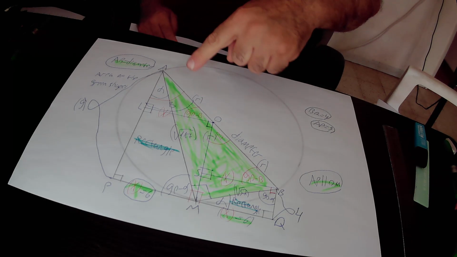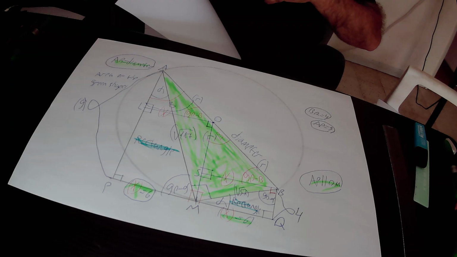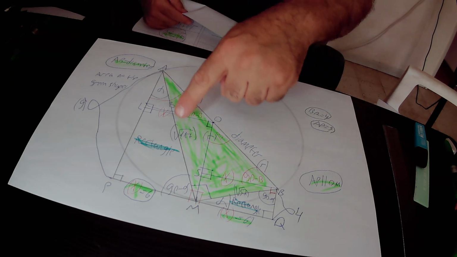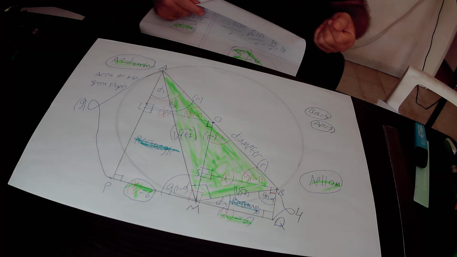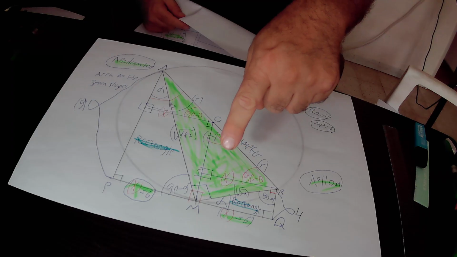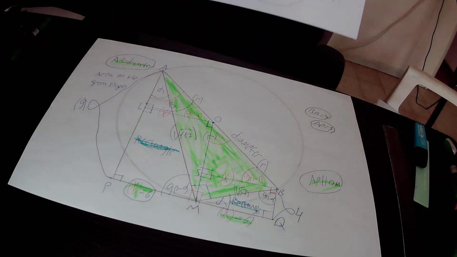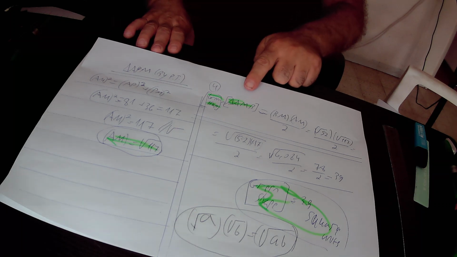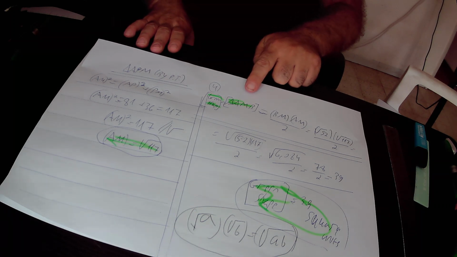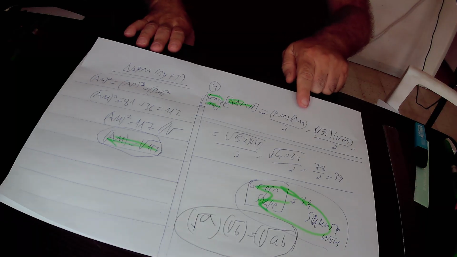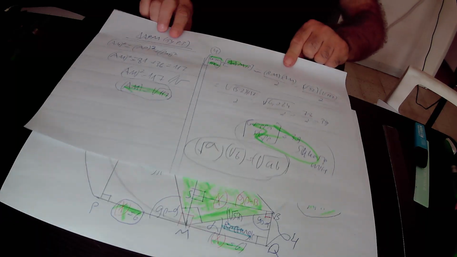Our task is to find the area of this green shape. The green shape is actually the green right triangle A and B. So we have to find the area of the green right triangle A and B. The area must equal the base BM times the height AM over 2.